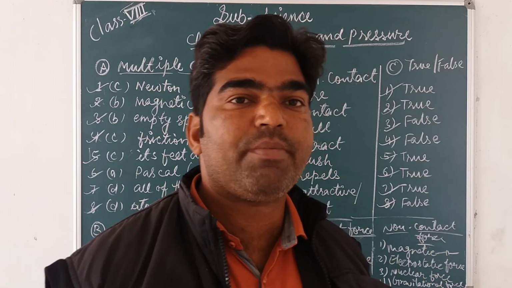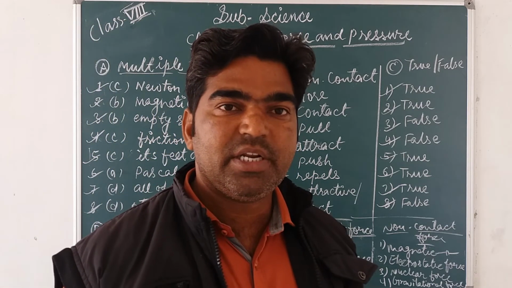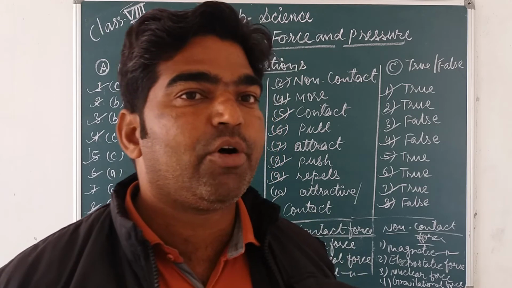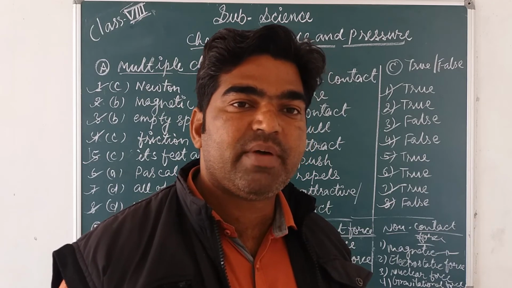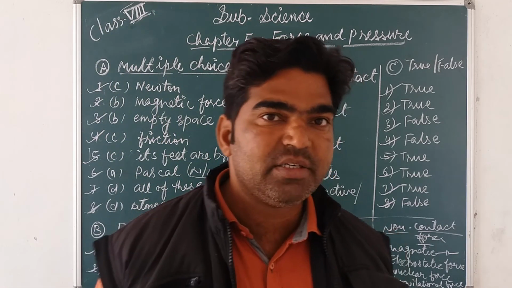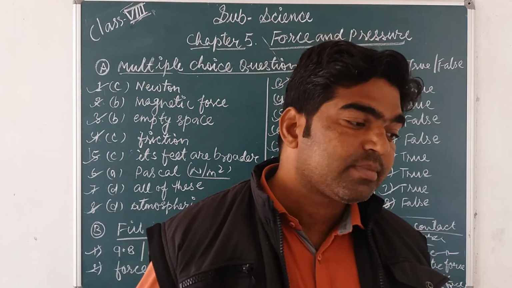So the directions of both forces are opposite, but the magnitudes are the same. The net force is zero. That's why there will be no change in the state of motion of the bucket held by our hands.